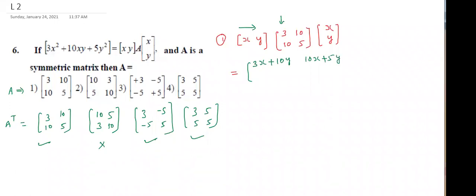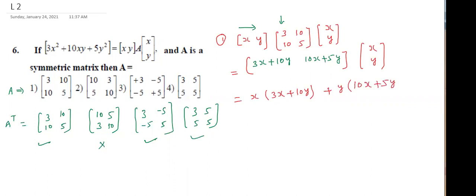Completed. Only here, first matrix having one row. We get only one row into xy. See here, first row, first column, 3x plus 10y into x. X into 3x plus 10y plus y into 10x plus 5y.